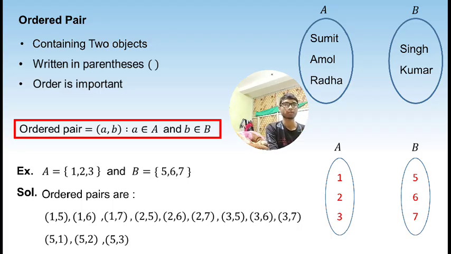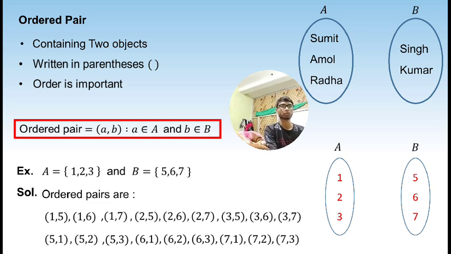Then (1, 6), (2, 6), (3, 6), (1, 7), (2, 7), (3, 7). All these are ordered pairs of these two sets, and we can also say that all these are subsets of these two sets.